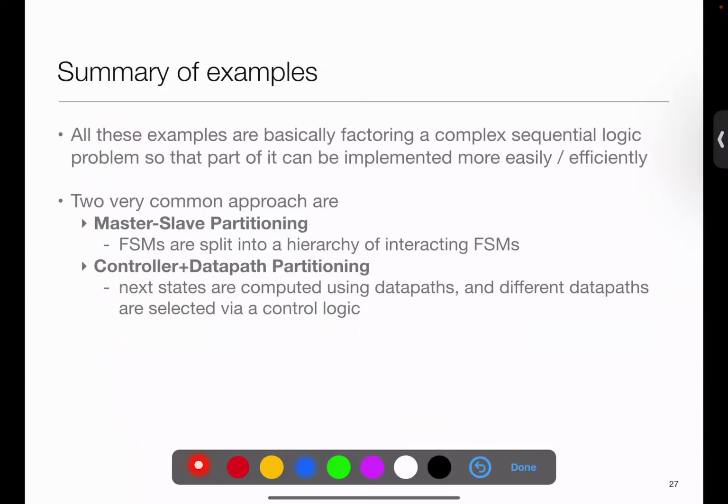So to summarize, all of these examples are sequential systems, but we are designing them in this manner where there is a part which is what we are calling the data path. It processes data, processes n-bit things. And then there is this glue logic, which is sitting next to it, which controls how the data are being processed, which case gets done.